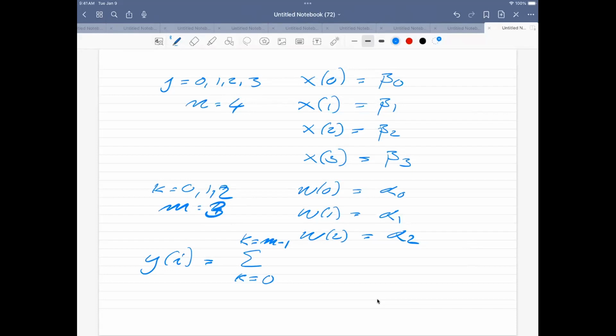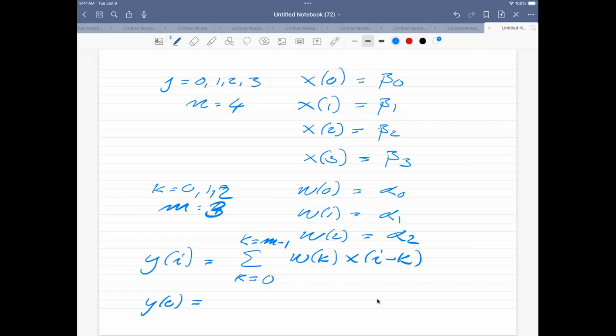So one vector has length 4 and the other one has length 3. If I now allocate memory for these 2 vectors and calculate y of 0, you will see there will be a term: y of k multiplied with x of i minus k, which is just a simple way of writing the general formula for convolution.